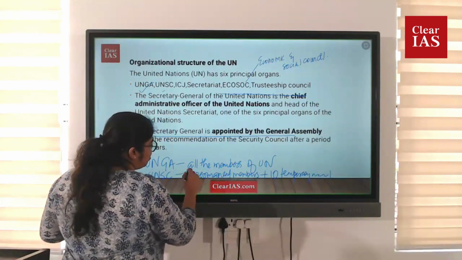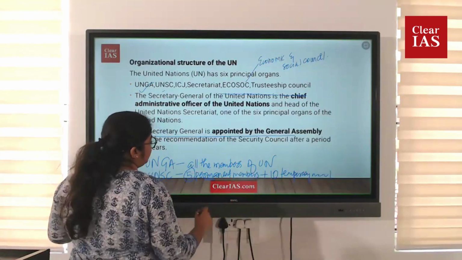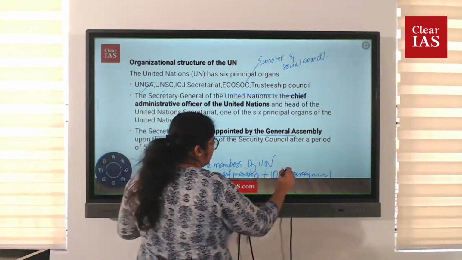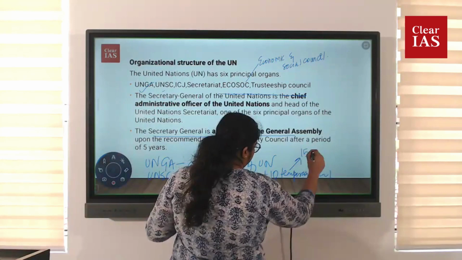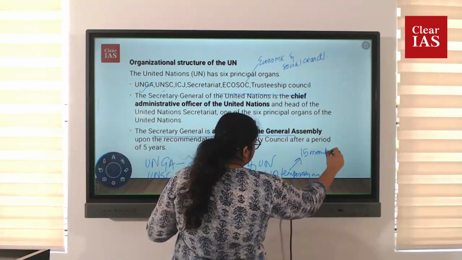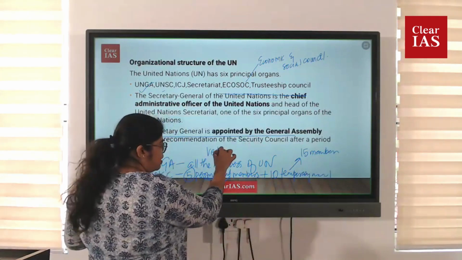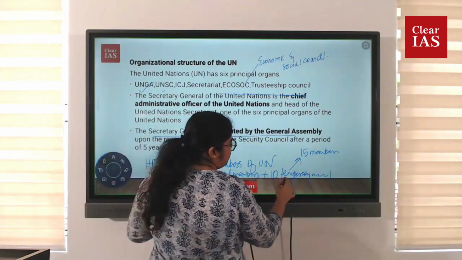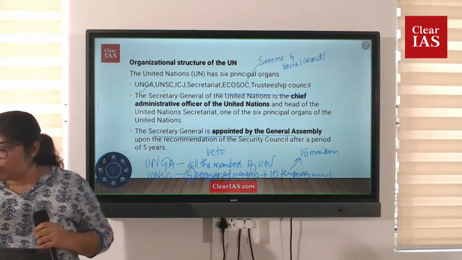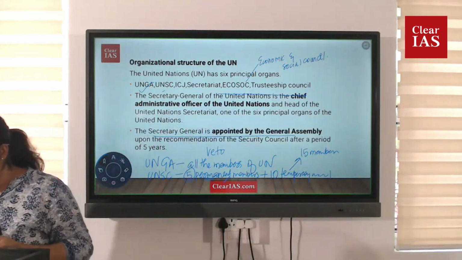UNSC will have 5 permanent members and 10 temporary members. Altogether, the UNSC consists of 15 members. And the permanent members will never change and they have veto power. And the 10 temporary members change at a constant interval of time.